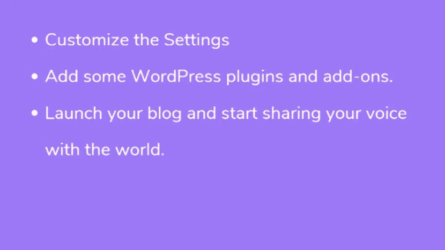Customizing the theme means that you are basically providing aesthetics to your blog with the sidebars, selecting a background and inserting the logo. Next step is add some WordPress plugins and add-ons, which will be discussed in later videos. But for now, plugins are basically the add-on features that are provided to WordPress. Launch your blog and start sharing your voice with the world.